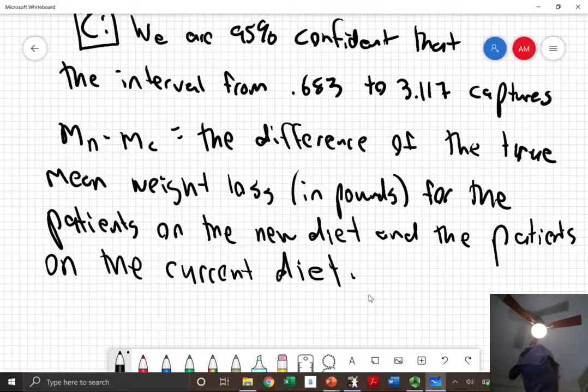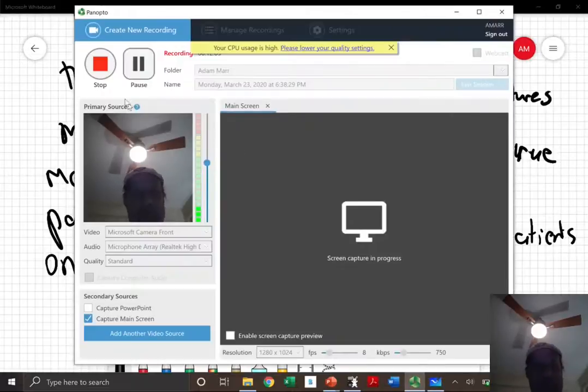But if there's a subsequent question, you would have to note that 0 is actually in this interval. So we're not actually proving that the patients on the new diet lost any more weight than the patients on the current diet. We didn't actually give significant evidence, I should say, instead of the word prove. All right. Anyway, all good. Thank you very much. See ya.